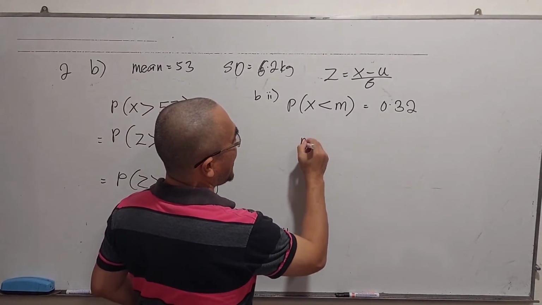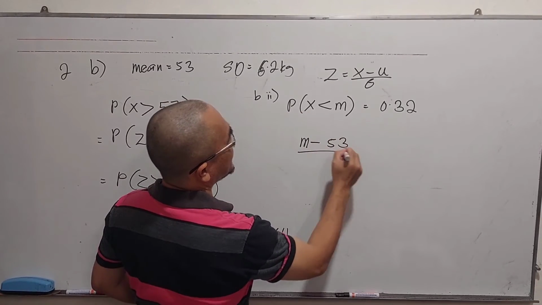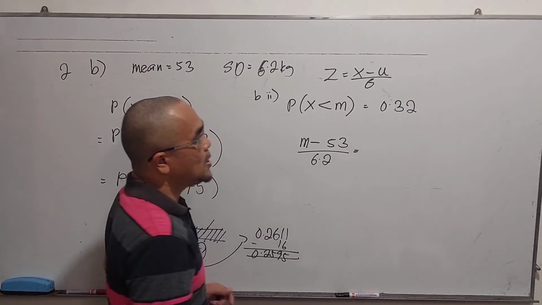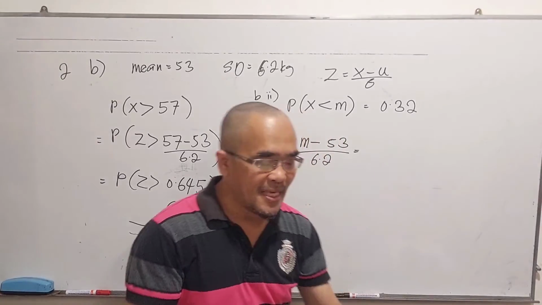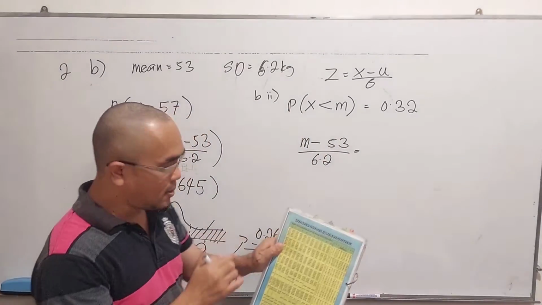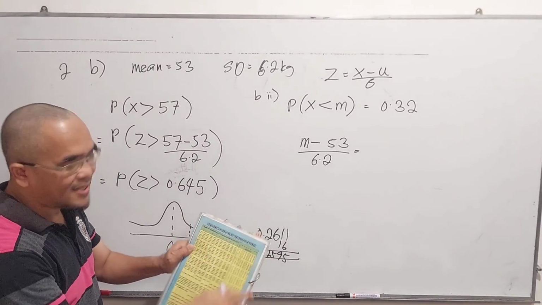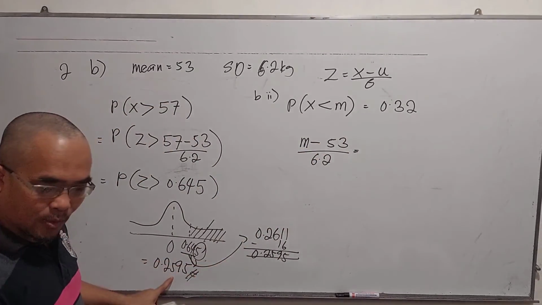This one will be (M minus mean) over standard deviation equals to this one. How to get that is from inside here. For B1 you were reading from outside to inside, but this is the probability that is similar to this value.